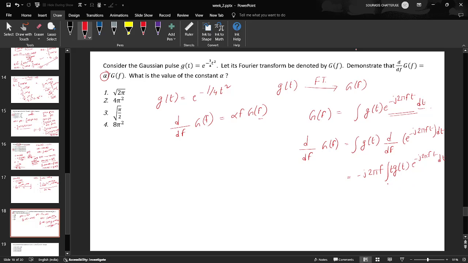So what does this term represent? This is basically minus j 2 pi times the Fourier transform of t g(t), right? So we keep it as equation 1: when we compute the derivative of G(f) with respect to frequency, we obtain some constant times the Fourier transform of t g(t).